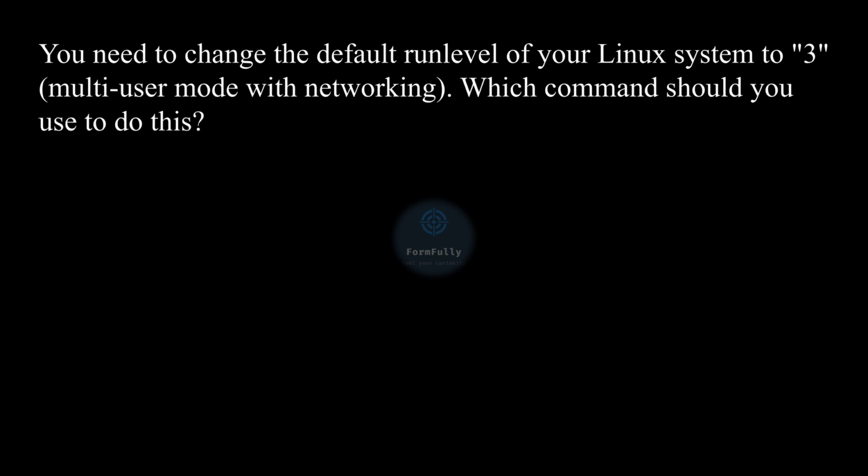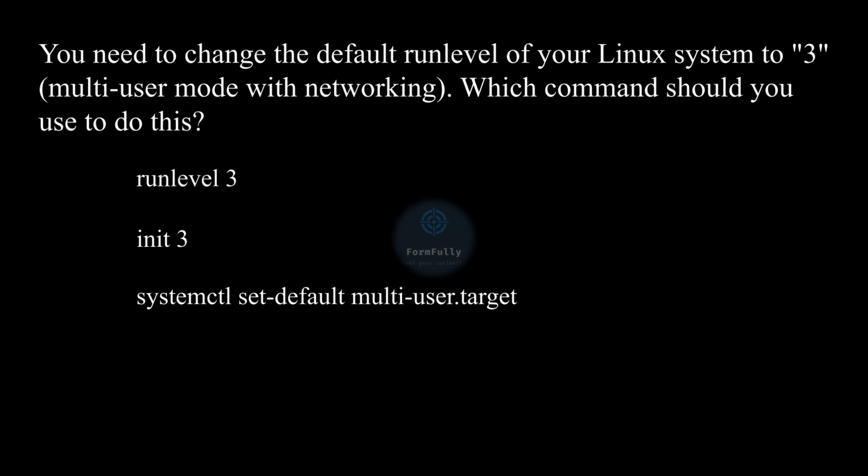Next scenario: you need to change the default run level of your Linux system to 3. Which command should you use to do this? Options: runlevel 3, init 3, systemctl set-default multi-user.target, and the last option is telinit 3. The correct option is the second option, init 3.